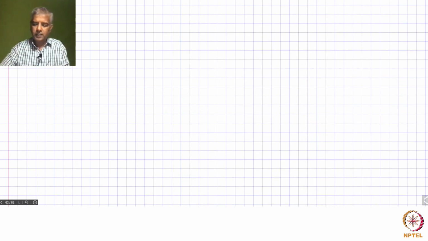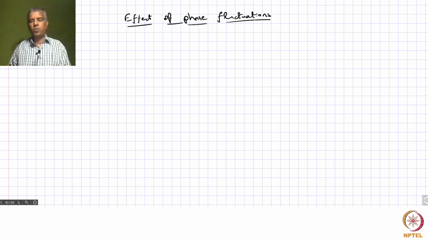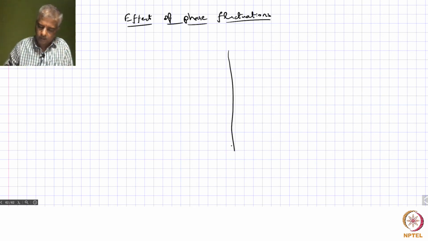So to understand this part, we are looking at the effect of phase fluctuations in these phase modulated sensors. To understand this, let us look at the phasor diagram.